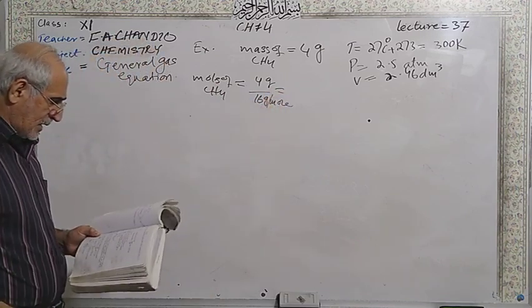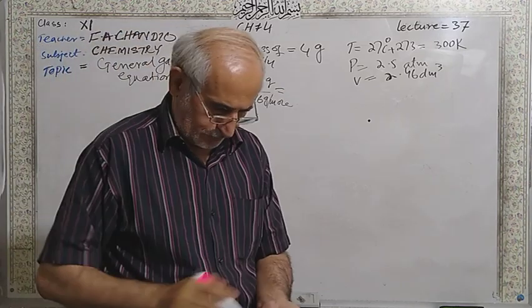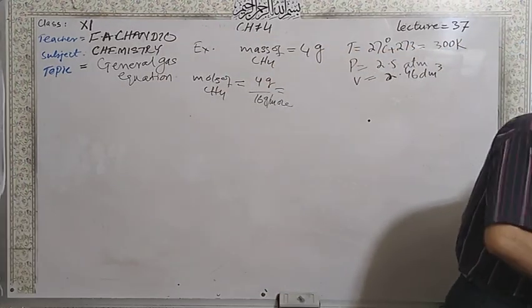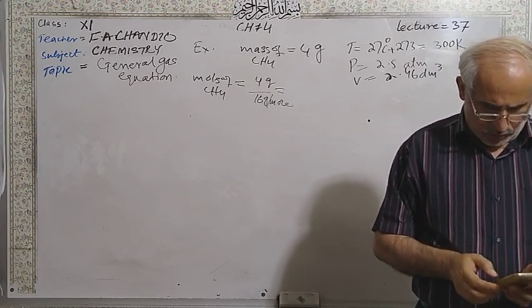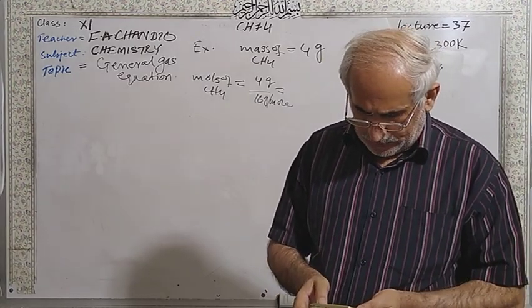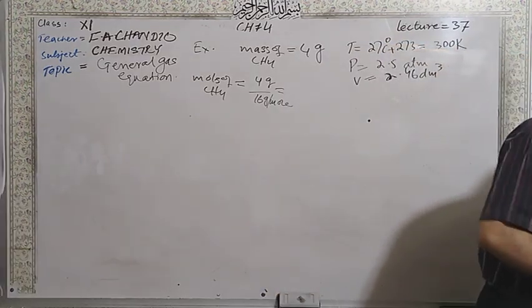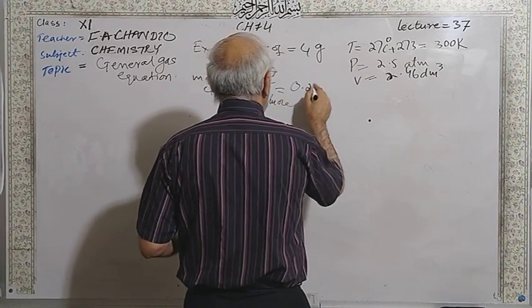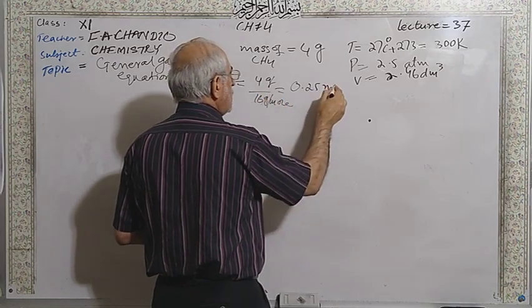The answer is 4 over 16. 4 divided by 16, yes, 0.25. So 0.25 moles. These are the moles.